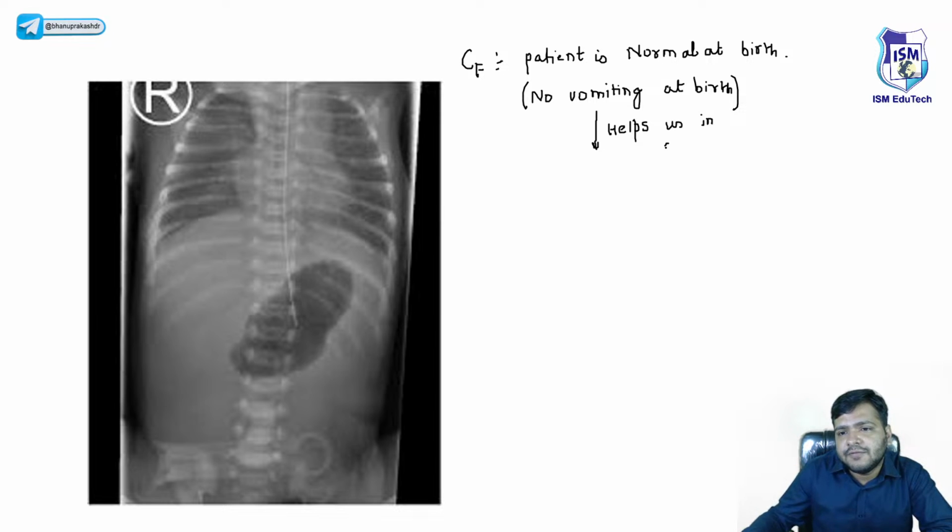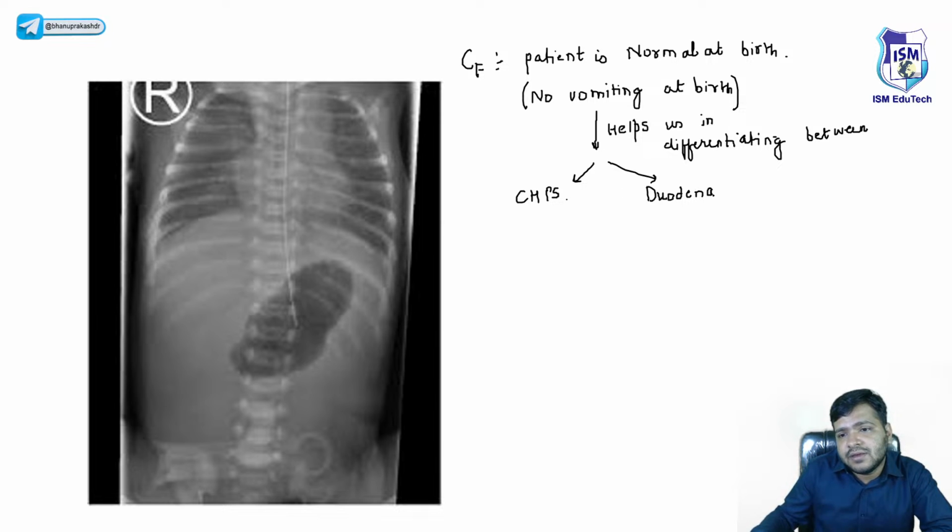Helps us in differentiating between two conditions: congenital hypertrophic pyloric stenosis and duodenal atresia.